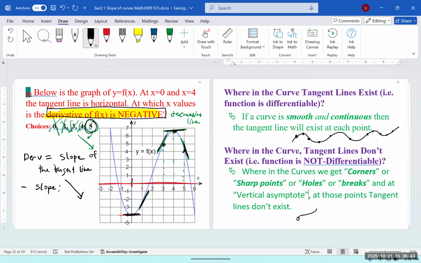What is a vertical asymptote? It means something like this, where your graph breaks into pieces.